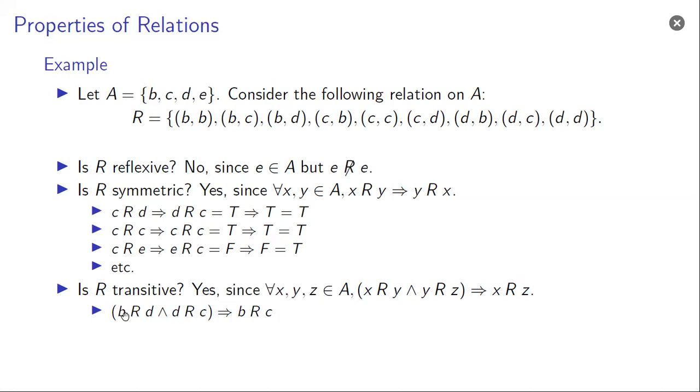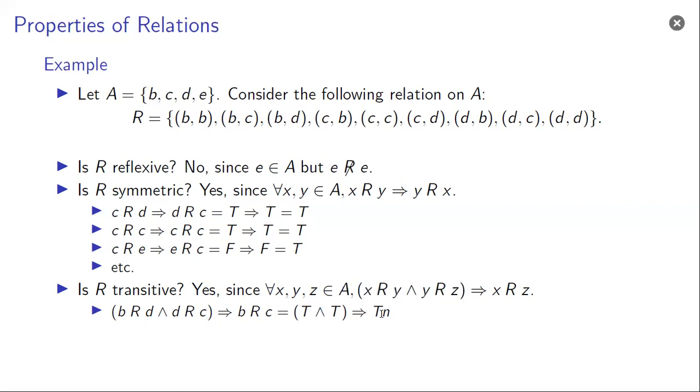We want to make sure that B is related to C, in other words, that X is related to Z. So is this true? What we have is true and true. If true and true, then true.